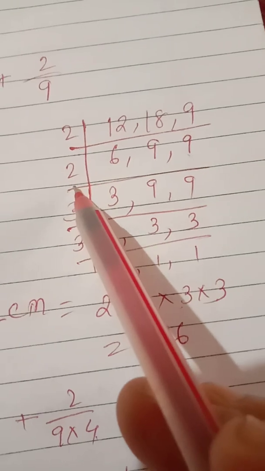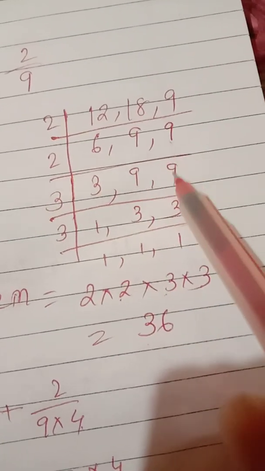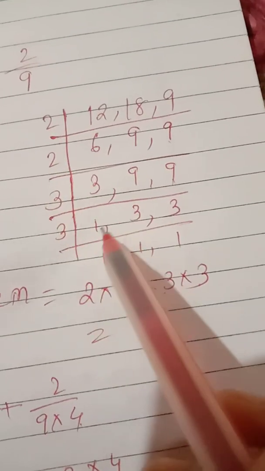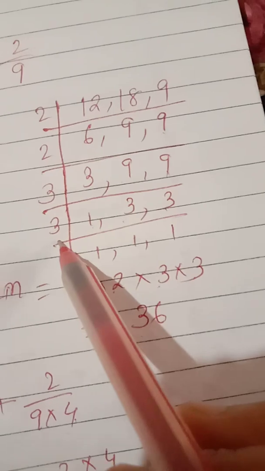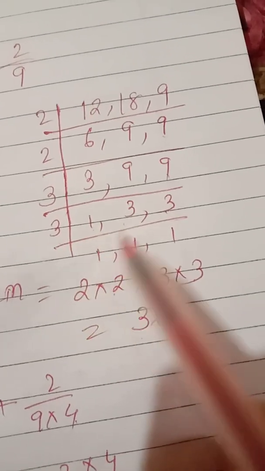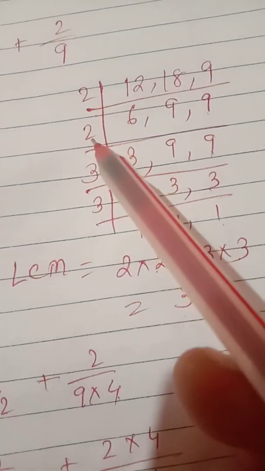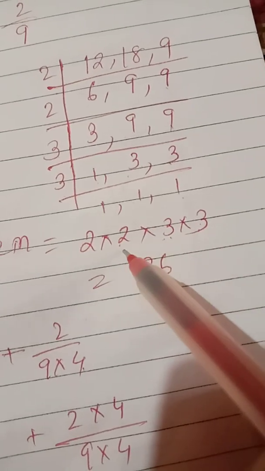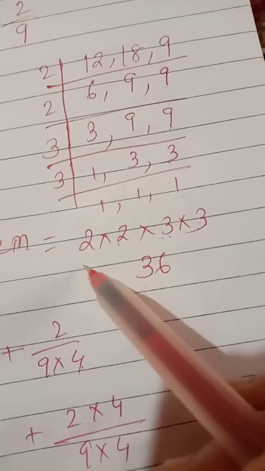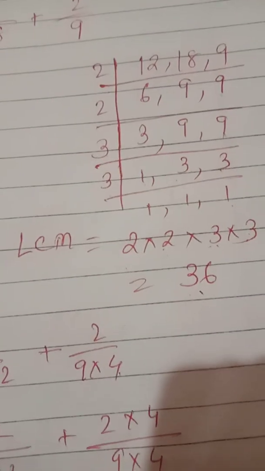Apply 2 again. 2 3s are 6, 9 as it is, 9 as it is. Then apply 3. 3 1s are 3, 3 3s are 9 and 3 3s are 9. Again apply 3. 3 1s are 3. So the LCM is all these numbers multiplied, that is 2 into 2 into 3 into 3. 3 3s are 9, 9 2s are 18, 18 2s are 36. So our LCM came out as 36.